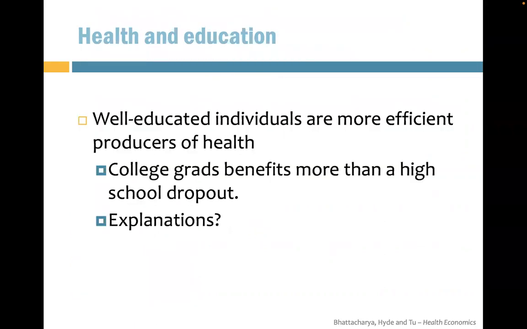This one says that well-educated individuals are more efficient producers of health. For example, college graduates benefit more than high school dropouts. How do we explain that?